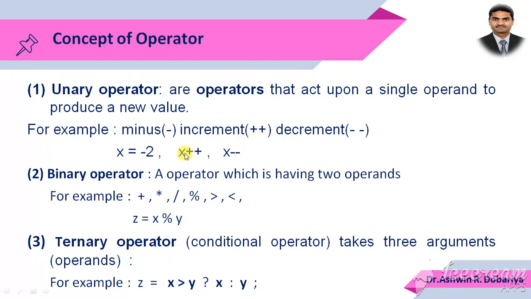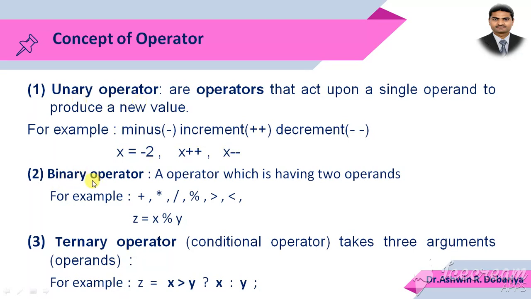In x plus plus, the meaning is x is equal to x plus 1, which means whatever value x has is incremented by 1 and assigned to the same variable. Here the plus plus operator operates only on a single operand. That's why plus plus and minus minus are known as unary operators. In simple terms, an operator which requires one operand to perform its task is known as a unary operator.